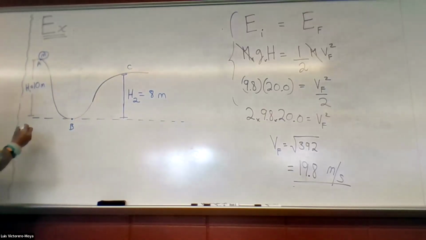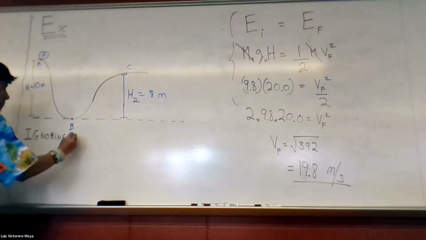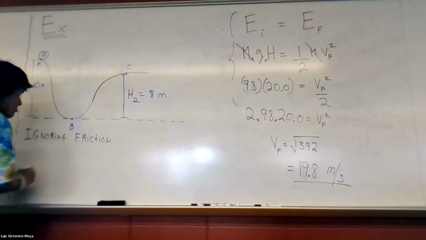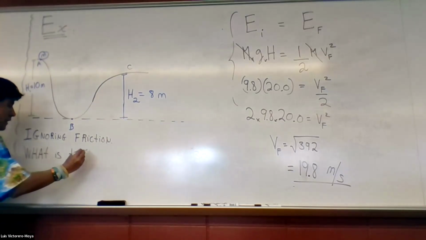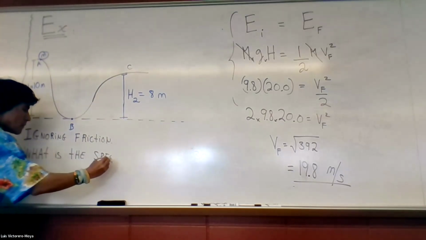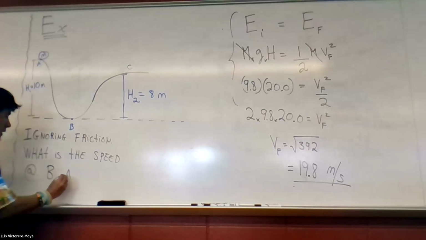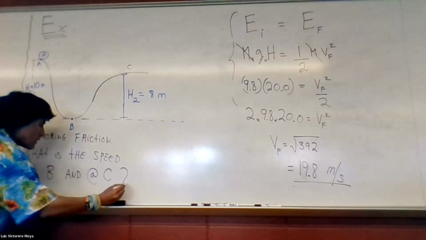So ignoring friction, what is the speed at B and at C?